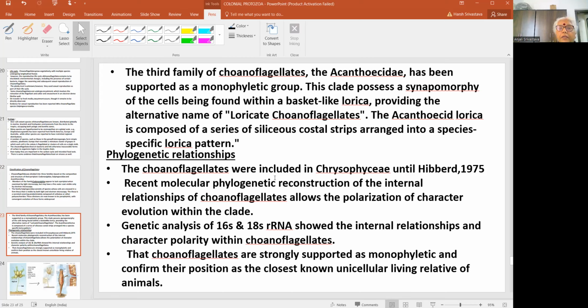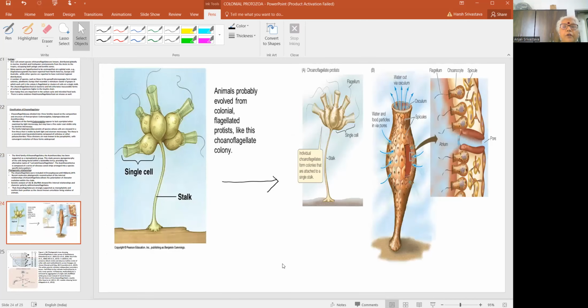On the basis of genetic analysis of 16S and 18S ribosomal RNA and DNA, they have shown interrelationship and character polarity within the choanoflagellates as well as with the very primitive multicellular organisms represented by the Porifera, or the sponges.